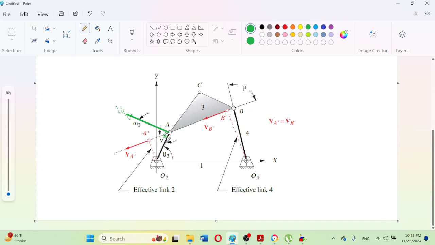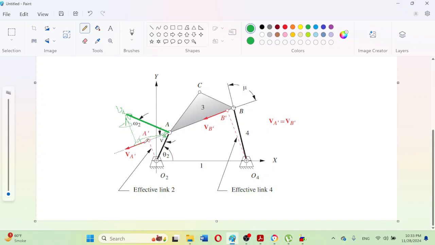So that means that if we resolve this VA into two components, one component is along the coupler link, and this component is perpendicular to the coupler link.